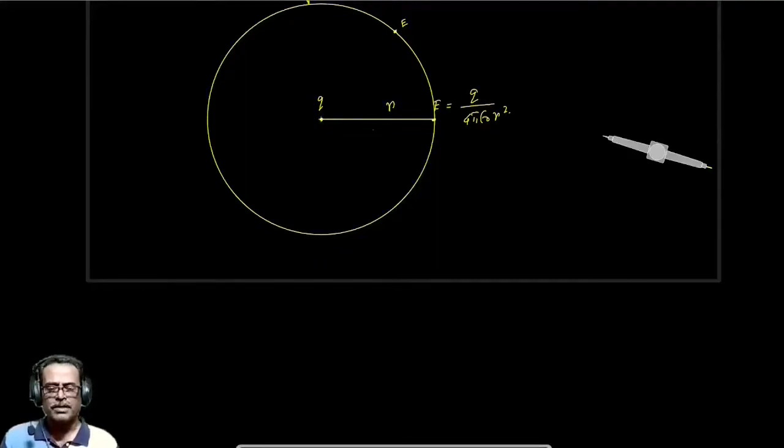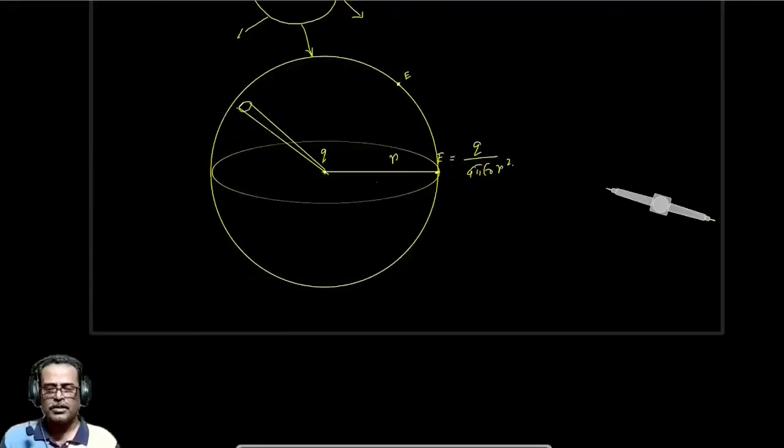Now we consider a very small area, del S, on the surface of the sphere. If del S tends to 0, then we can consider this surface as a plane surface, and its direction is normal to the surface.